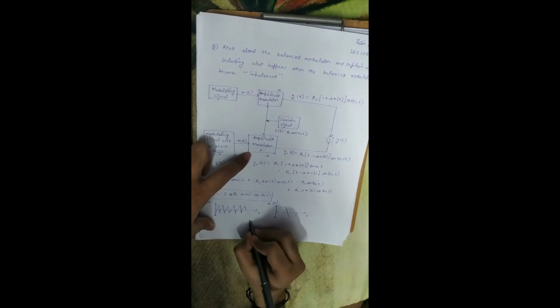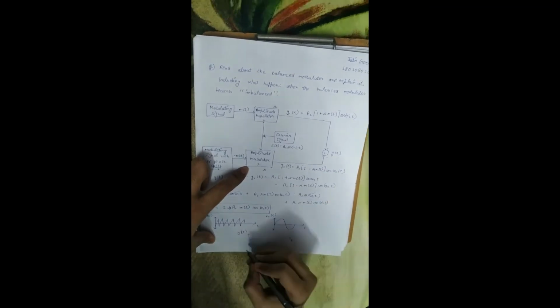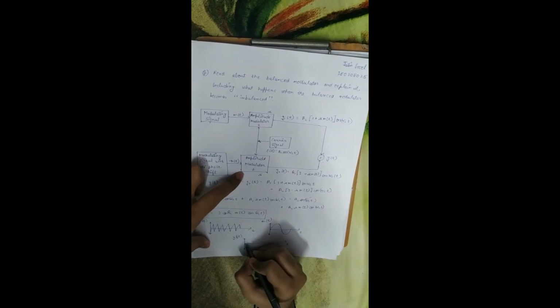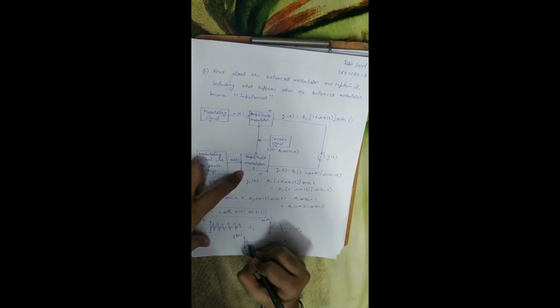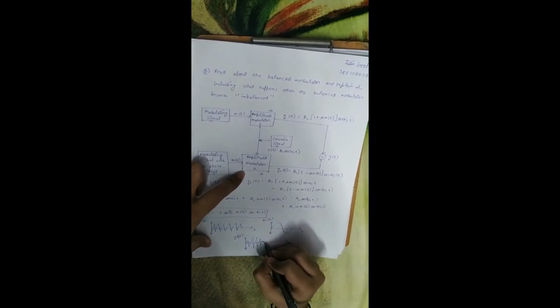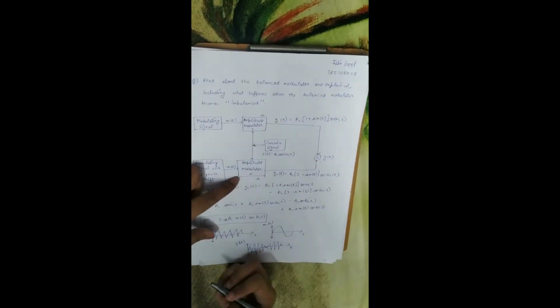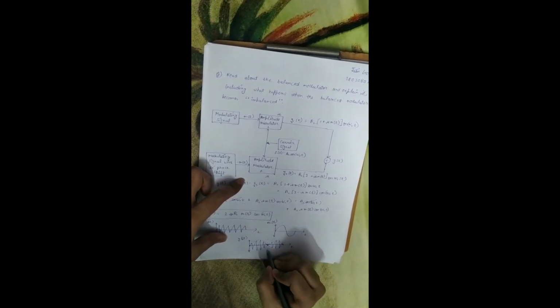So the output of my balanced modulator should be something like this, Yt. Now for this half cycle and this half cycle, the outputs are symmetrical but inverted. So this is the case of the balanced modulator.